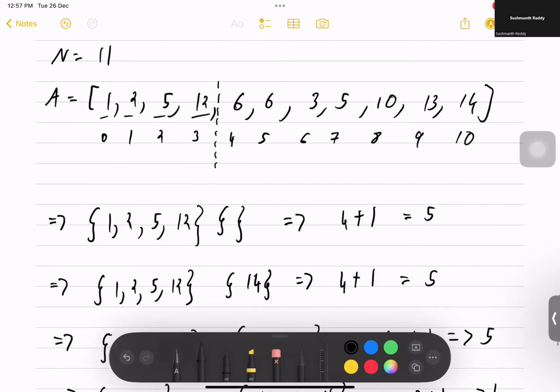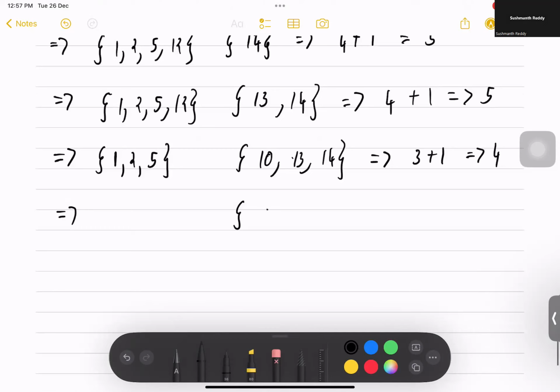Now for a suffix which is 5, 10, 13 and 14, the longest prefix that will satisfy the conditions is 1, 2. We can get this by binary searching.